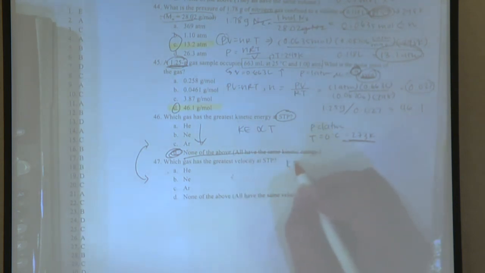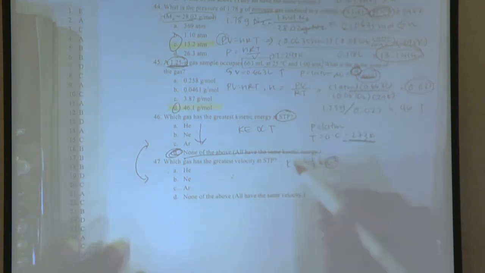But which gas has the greatest velocity at STP? We like to think of these as the same thing, but kinetic energy is actually 1/2 mv squared, right? While all of these have the same kinetic energy, these guys all weigh different amounts. Helium is lighter than neon, which is lighter than argon.